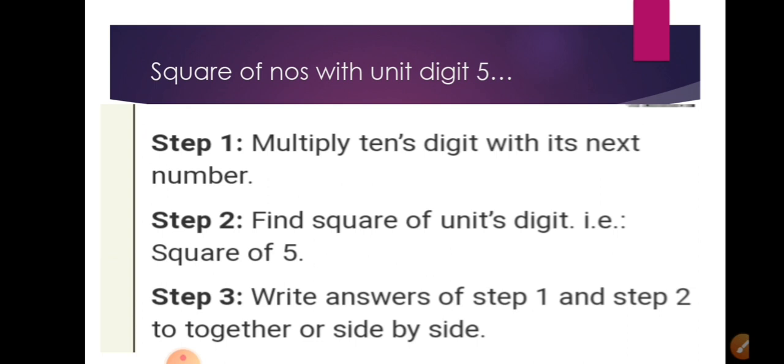For example, if the tens digit is 2, you multiply it with its next number, that is 3, means 2 into 3. Then find the square of the unit digit, that is the square of 5. We all know we are taking the square of a number having 5 at its unit place, so the answer will always be 25. Write the answer of step 1 and 2 together, side by side.